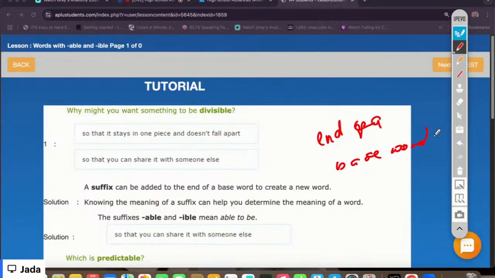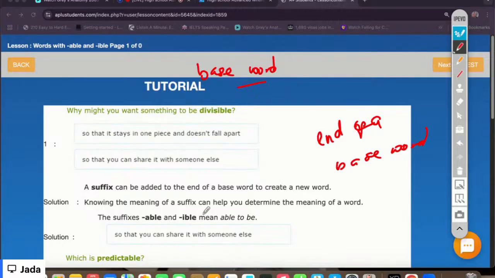That's what we need to take note of. Whenever the suffix is added to the base word, it creates a new word. The base word is like the main word that we know, a word on its own. That's what we call a base word.